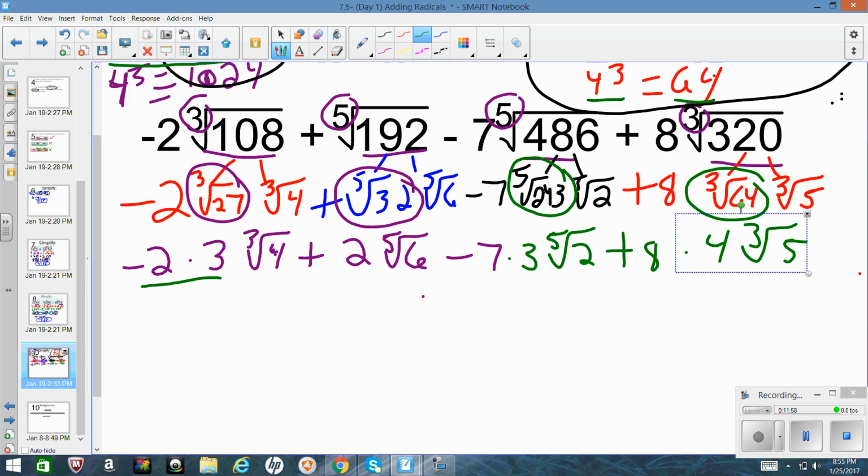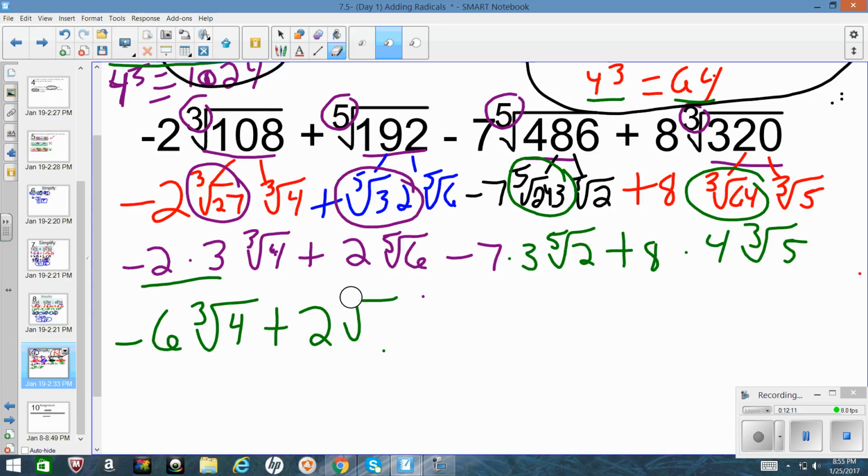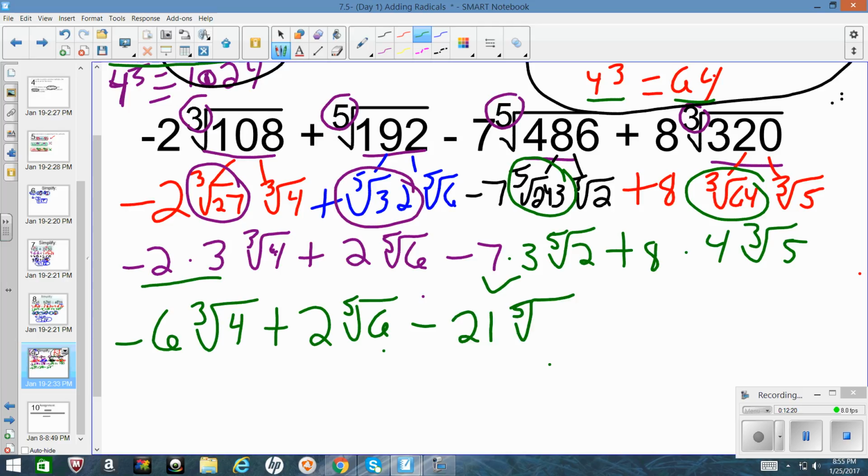If I multiply 2 times 3, that would give me negative 6, and I would have the cubed root of 4 plus 2, which doesn't have anything to be multiplied by, so that would be 2 times the fifth root of 6, minus 7 times 3, which would be 21, times the fifth root of 2. And this would be plus 8 times 4, which would be 32, times the cubed root of 5.